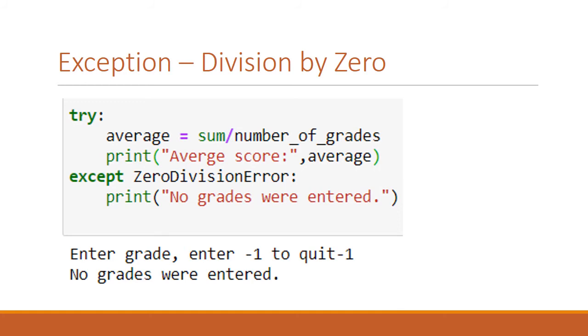If number of grades is equal to 0, it would throw a ZeroDivisionError exception, and the print statement in the except block would be executed, and the user would be informed that no grades were entered.